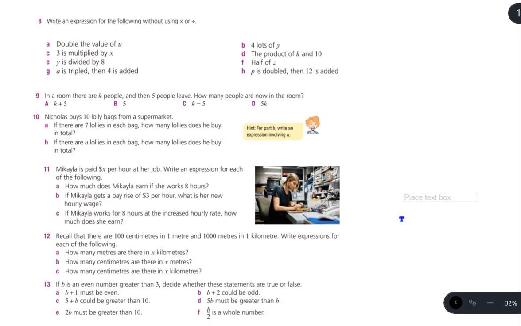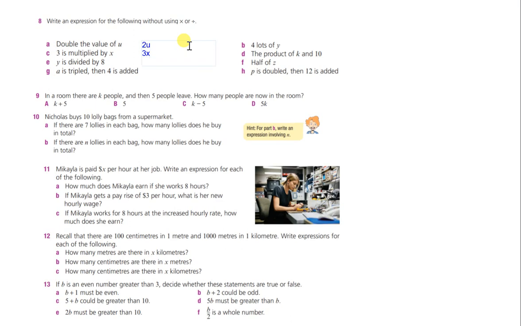Okay, continuing on. Write an expression for the following using multiplication or division. So, double the value of u. That means it's going to be 2 lots of u, which will be 2u. The next one is going to be 3 lots of x. That's going to be 3 times x.